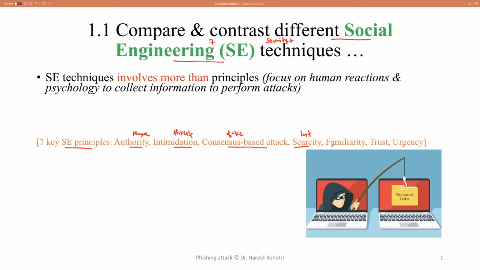And the fifth one is familiarity. That means the attacker is trying to rely on you believing that the individual or the organization they claim to be is present. They claim to be a fake organization and make you believe it is present over there. And the sixth one is trust.